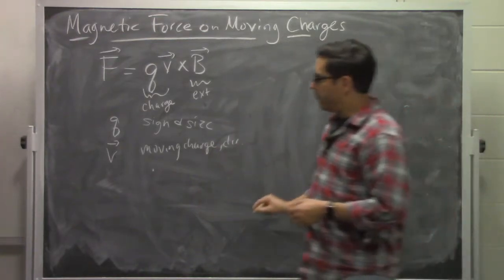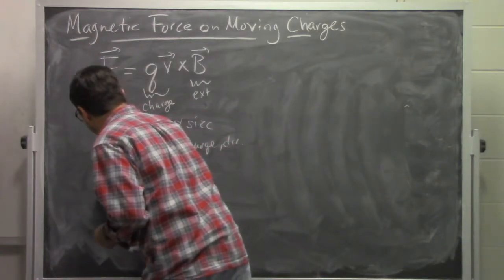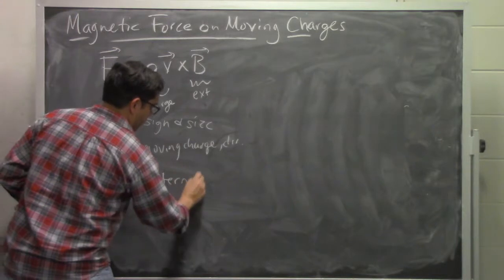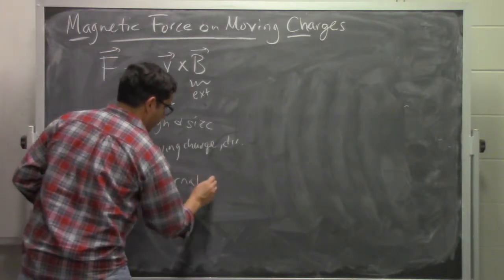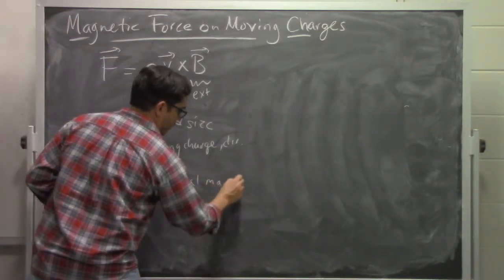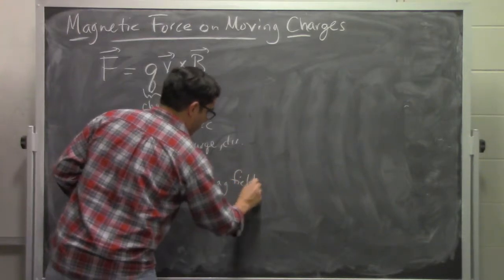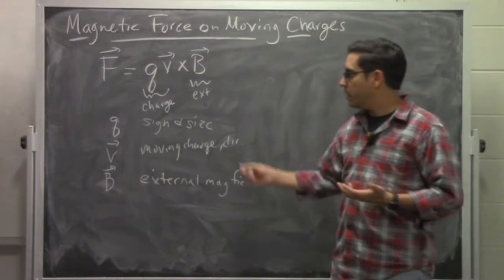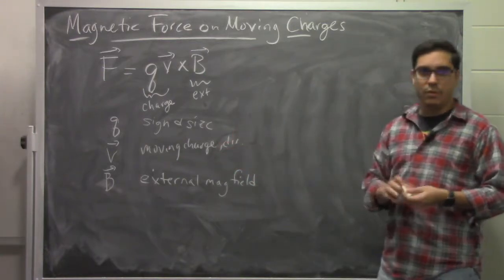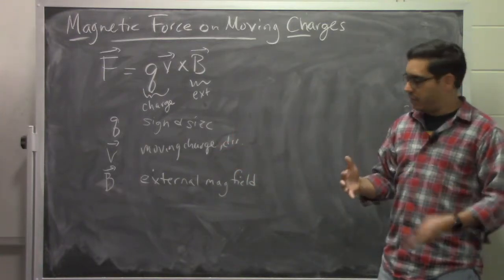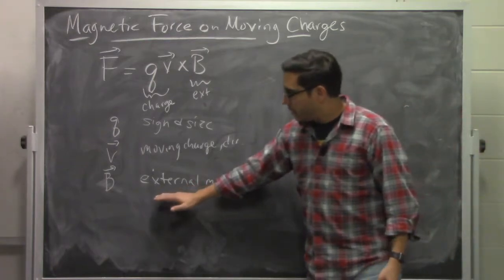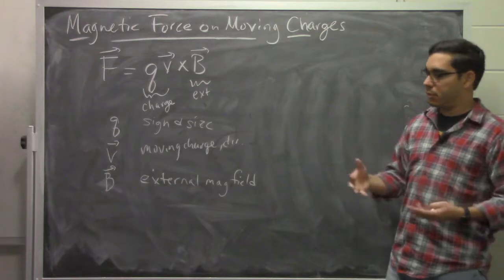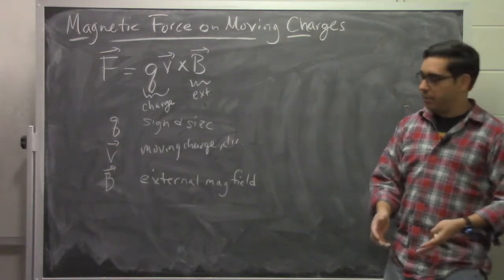Now, the magnetic field here is the one that is external to the rest of the situation that we have. So this is the external magnetic field. Again, the first two pieces of this, the charge and the velocity, have to do with the specific charge that's moving in the magnetic field. And the magnetic field here is the external one, the one that is not due to the charge that is actually moving. It's due to all the other stuff that's around it.